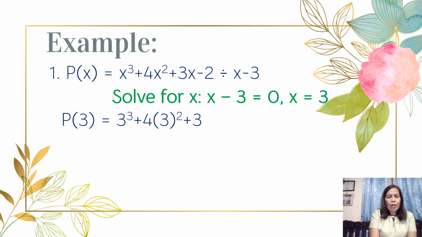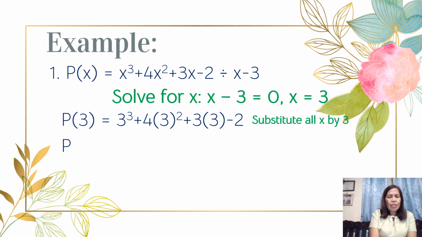From the original problem, substitute all x by 3. So, it becomes like this. 3 cubed plus 4 times 3 squared plus 3 times 3 minus 2, ha? So, based on the original given, tingnan ninyo. Lahat ng x, pinalitan natin ng 3. And then, simplify na lang natin siya.